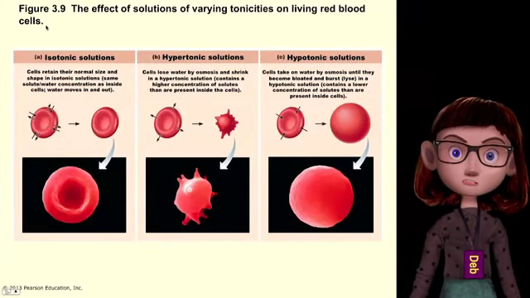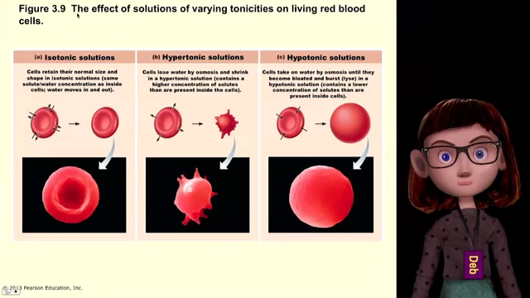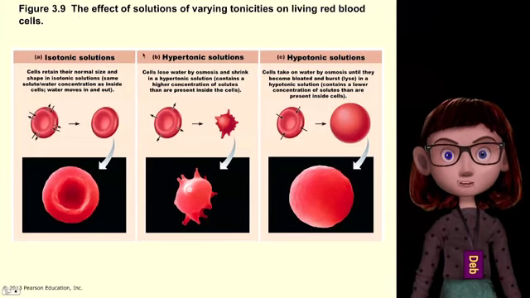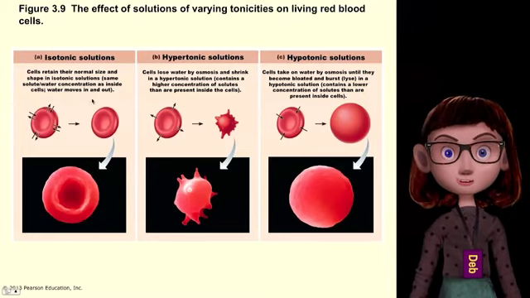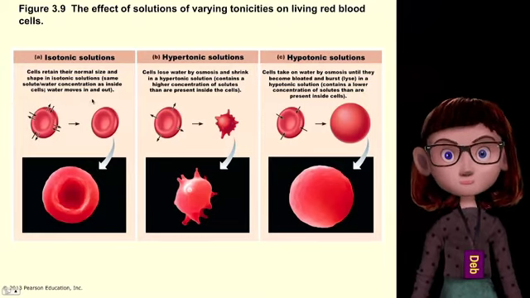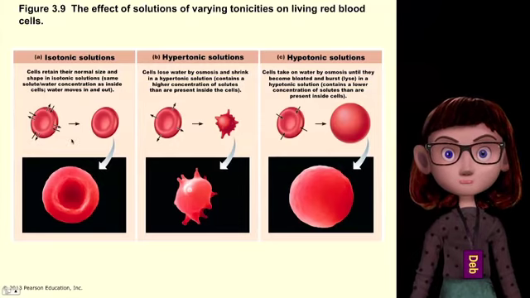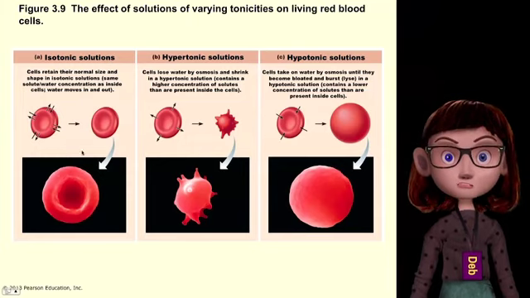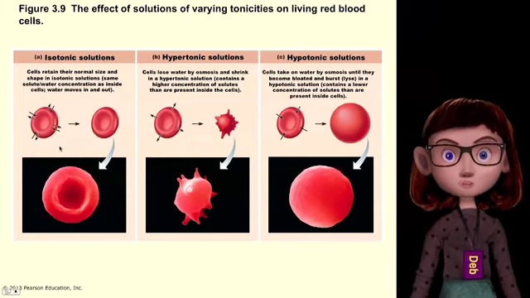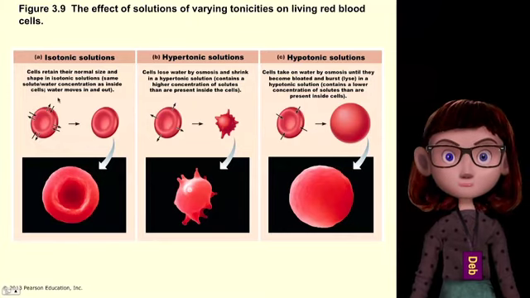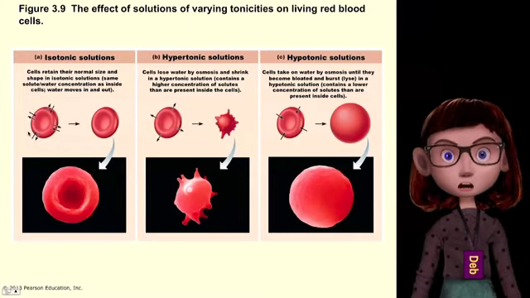So here is a figure 3.9, and it's the effect of solutions of varying tonicities on living red blood cells. So this would be when you infuse a solution directly into someone's bloodstream. If you are using an isotonic solution, that means it has the same relative number of solutes in it as that in normal blood.